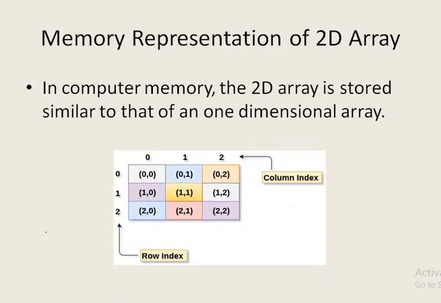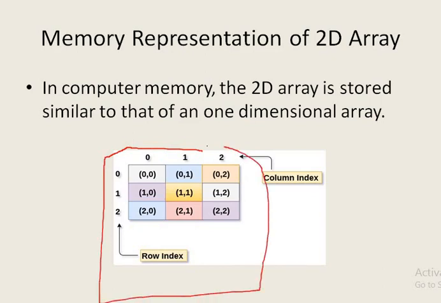The memory representation can be done in two different ways. We'll see the two different ways here. But before that, let us understand how it appears in the user's view. We have already seen that in the user's view, the matrix appears like this.